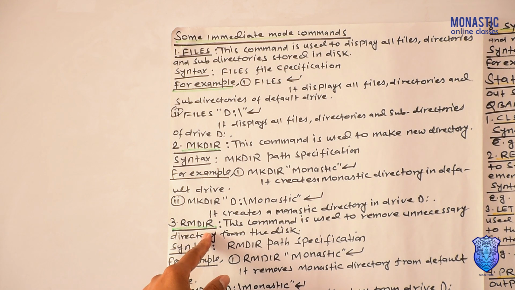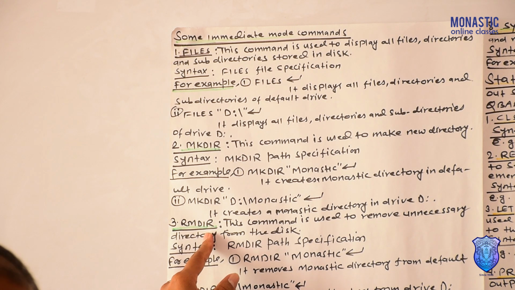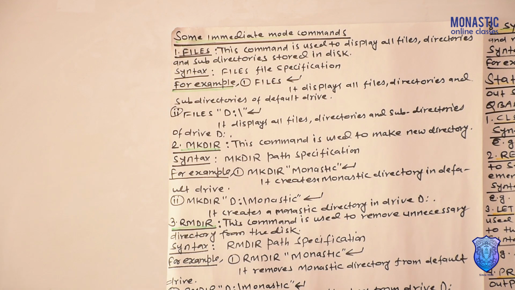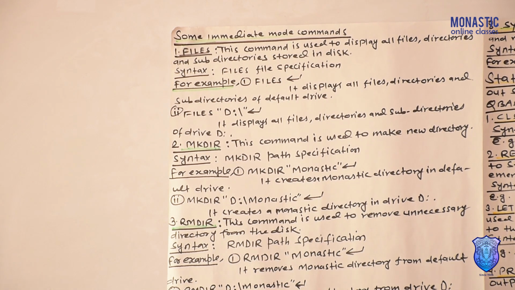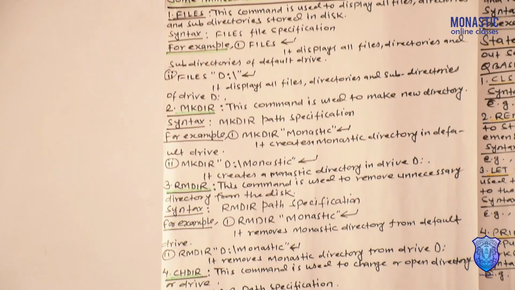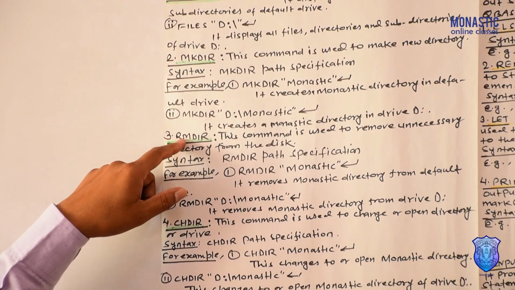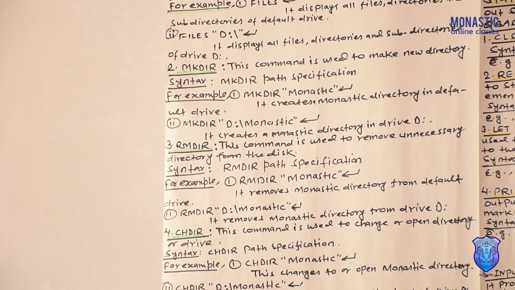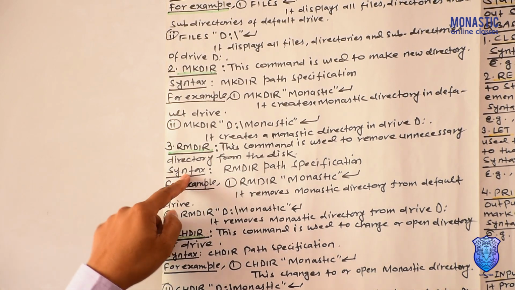The rmdir command is used to delete, remove an unnecessary directory from the disk. Which is unnecessary, taking up space in the disk, we can remove by using rmdir. Let me see the syntax first.